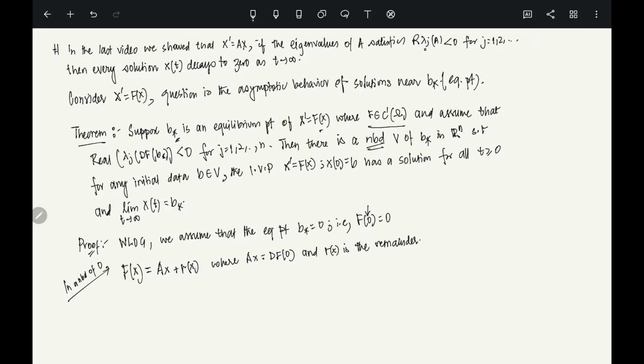Now we know, from what we talked about earlier, that there exist a constant k and epsilon positive such that we can always do this, right? For this A, e power At can be made less than or equal to a constant times e power minus epsilon t, for t greater than or equal to 0.